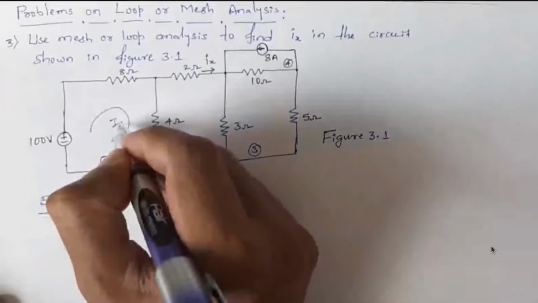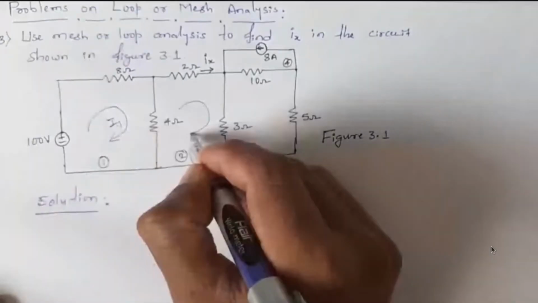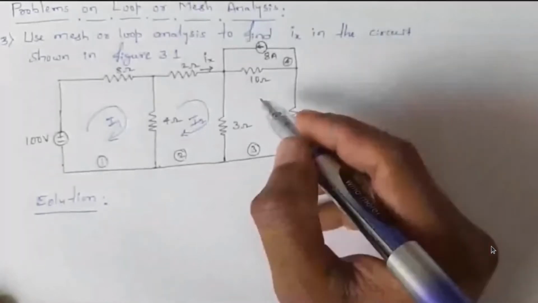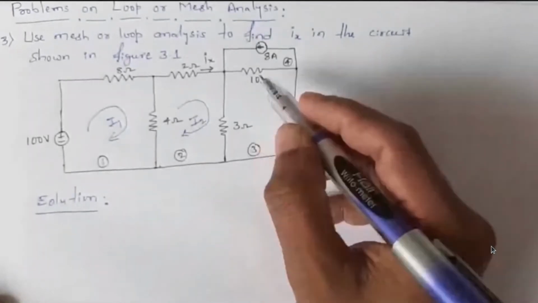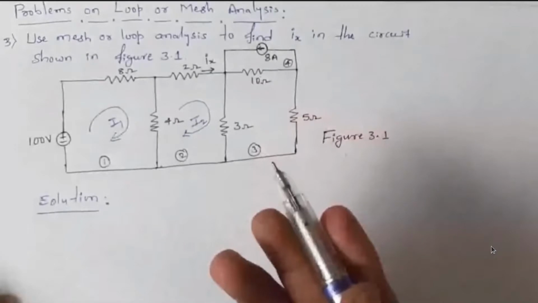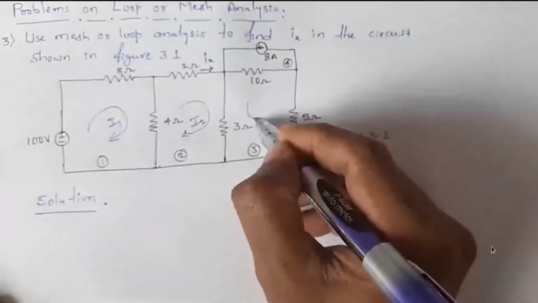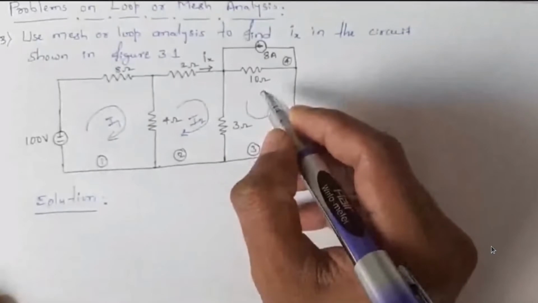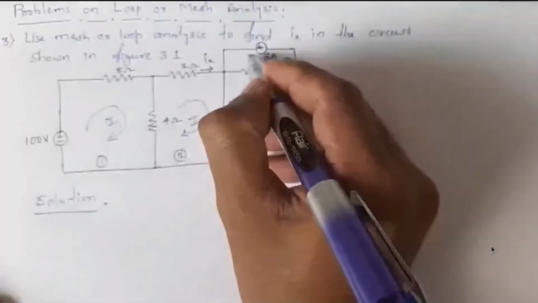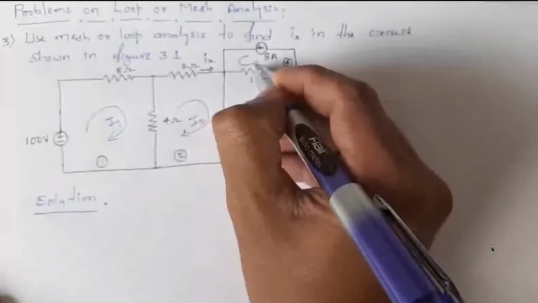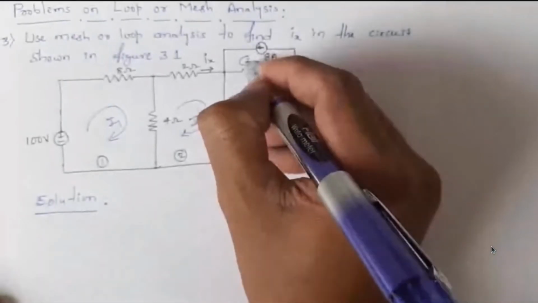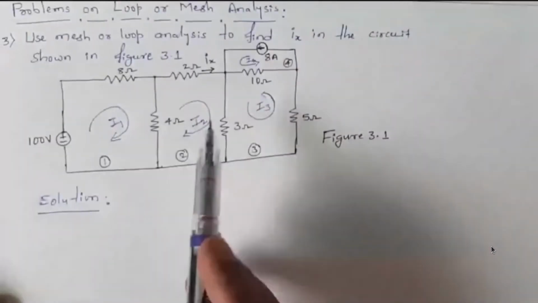In the second mesh, mesh current I2. In the third mesh, I'll consider a mesh current, in any direction you can consider, so let us consider in this direction, I3, and here in this direction I4. So I1, I2, I3 and I4.